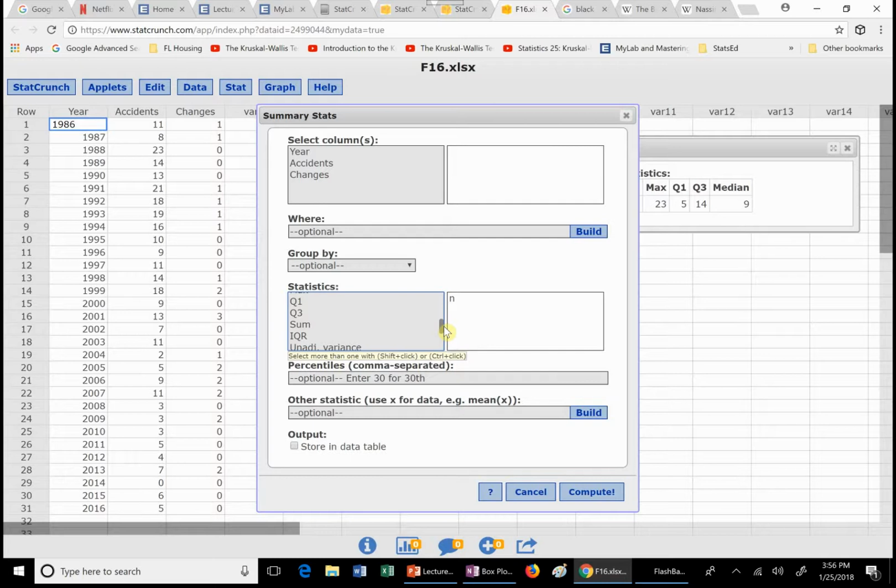Is it not working? Okay, so stats, summary stats, columns. Are we good? Okay, and now just go ahead and hit compute, and you're good. Excellent. Looking good. Okay, go ahead and do compute. Excellent. How's it going? Okay. Got it?